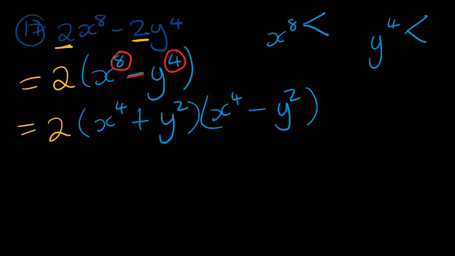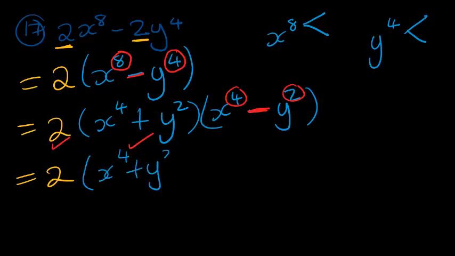Okay, so 2 is as simple as it gets. But my last bracket is a difference of squares because I have a difference and I've got a square and I've got a square. So now I'm going to write this is equal to 2 and I've got (x⁴ + y²).